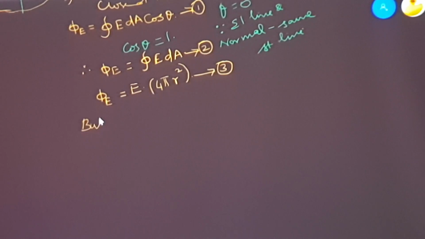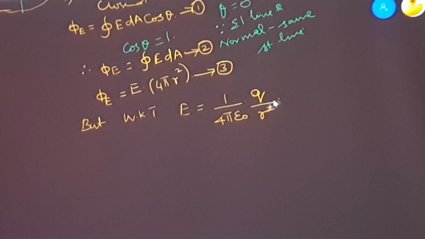But we know that the electrical field at a point due to a point charge is given by 1 divided by 4 pi epsilon 0 into q divided by the square of the distance. Now you take this value and substitute it in equation 3. Substituting for the value of E in equation 3, what will you get?